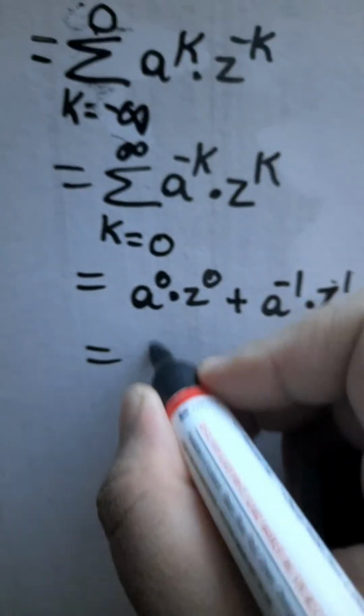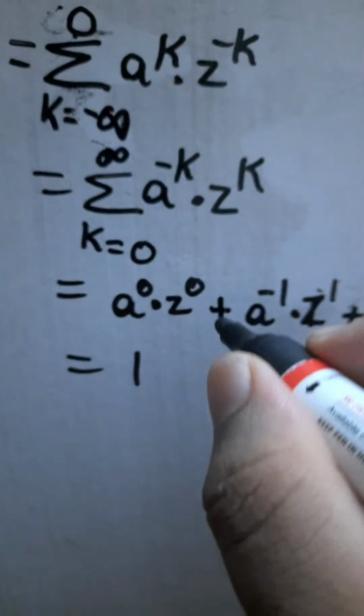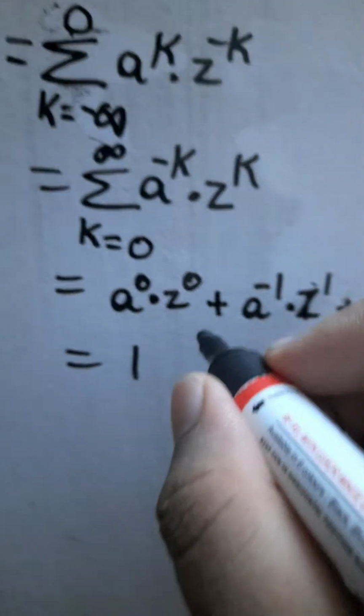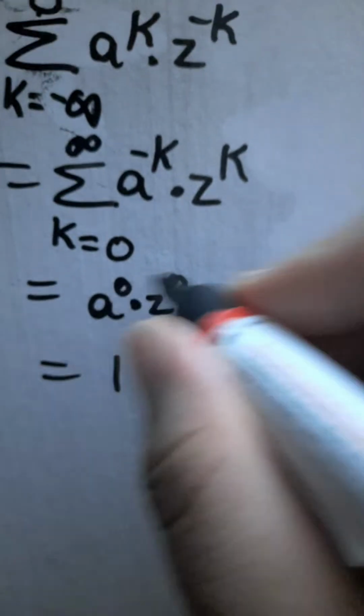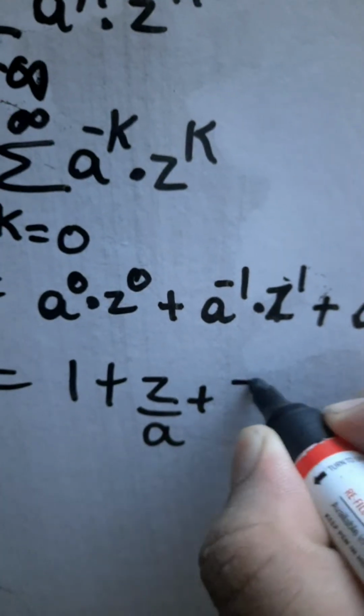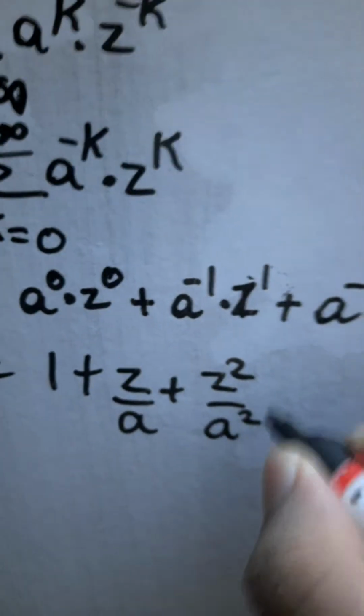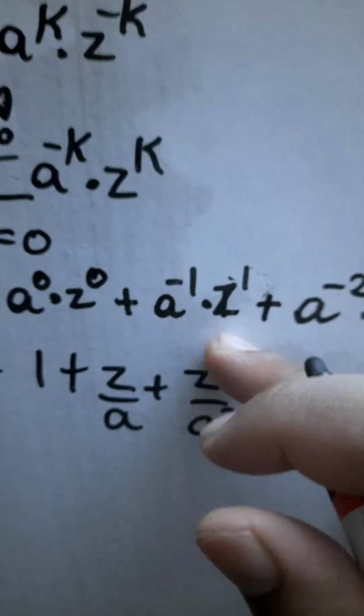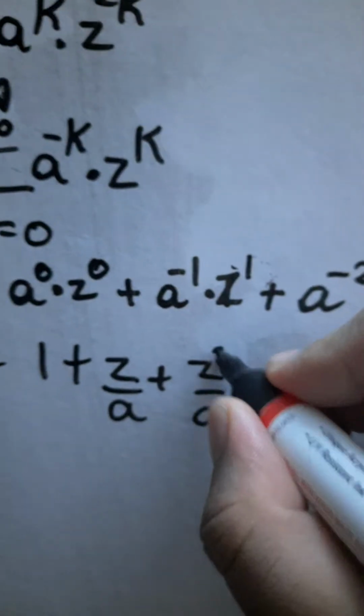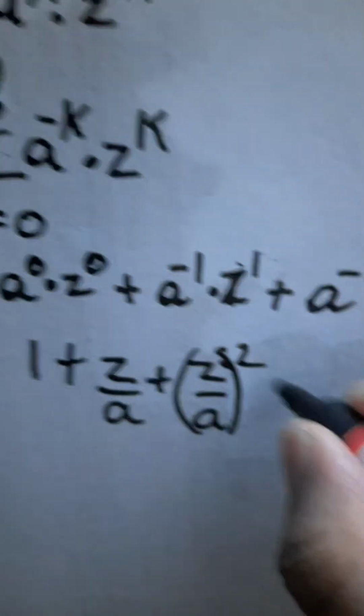Anything raised to 0 is 1, so 1 into 1 is also 1. So 1 plus z by a plus z squared by a squared, which is actually (z by a) whole squared.